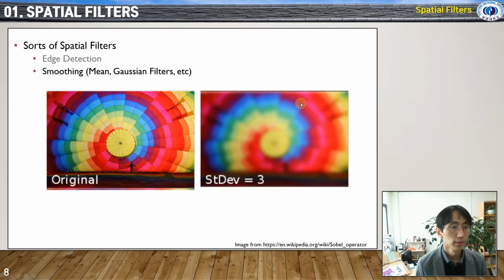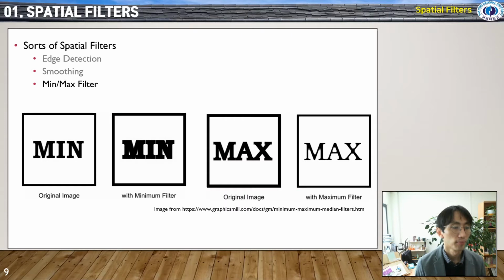Here is another filter, smoothing. We can use the mean filter or Gaussian filters, or there are many other filters for smoothing. If we apply smoothing to the original image, we can see this kind of image. You may see what the difference is.